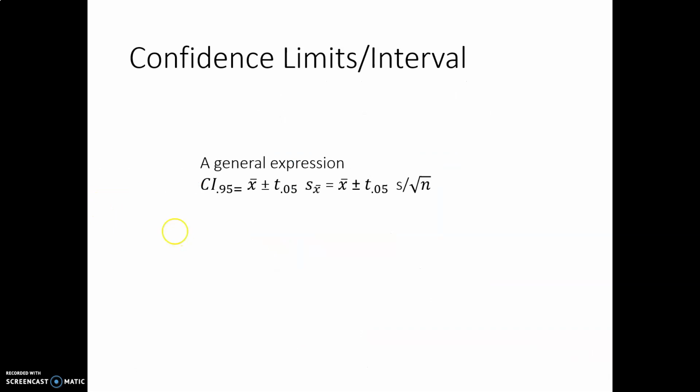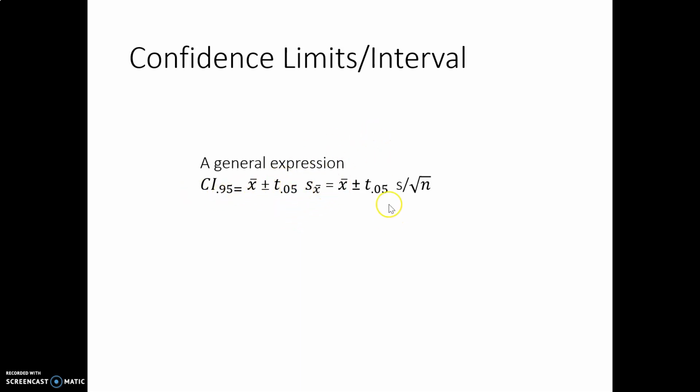Okay, and this is the general expression, or formula, for how to calculate the lower and upper limits to estimate the population's mean. So we call it the confidence interval 0.95 equals the sample's mean plus the t-value, because we have two t-values, the positive one and negative one.